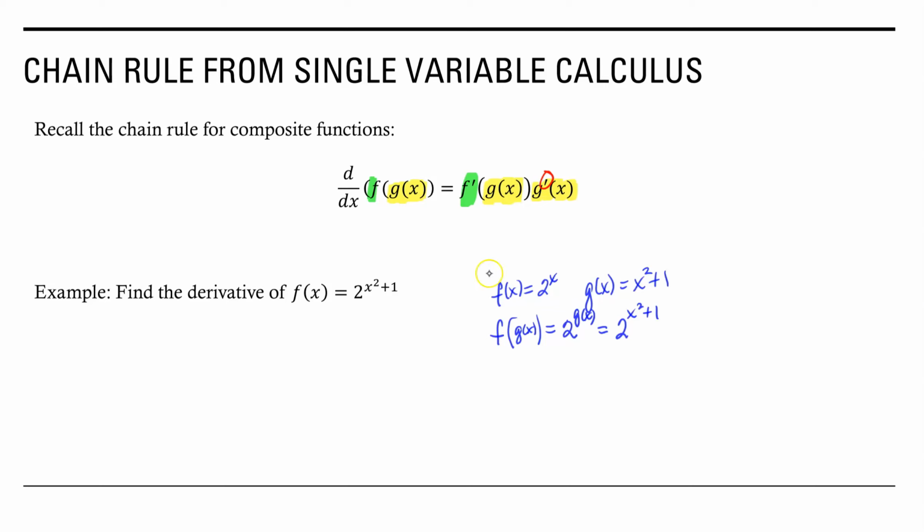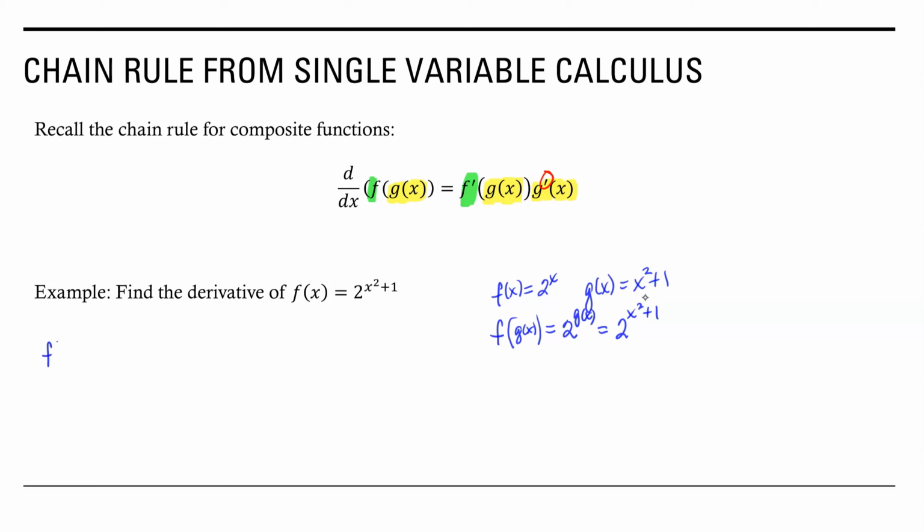So we're satisfied that we've decomposed this function f of x into its two components, the exponential function 2 to the x, and then the exponent where we have x squared plus 1.